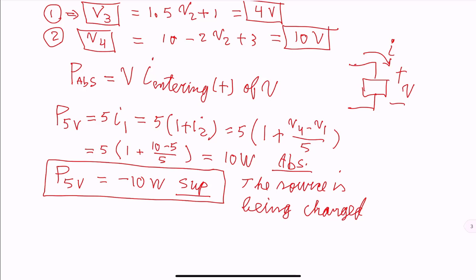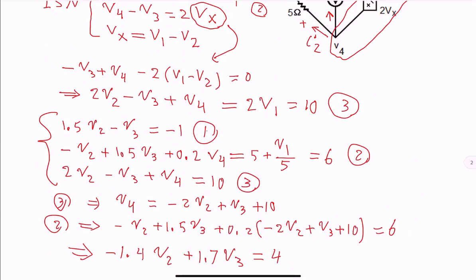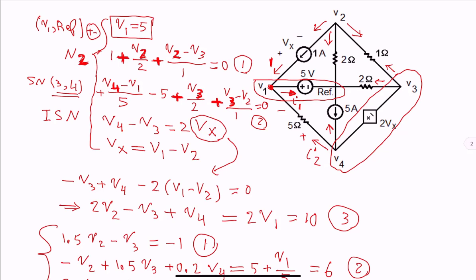For 5 amp source, if we use that polarity for the voltage, we are talking about V4, and the current is going out of the positive. So that voltage gives us the supplied power directly.